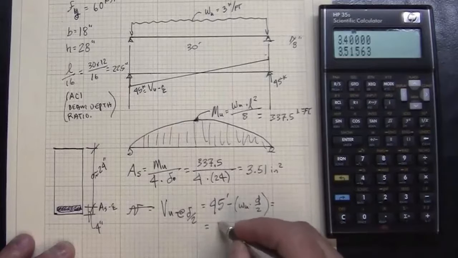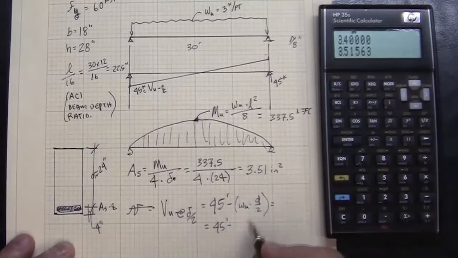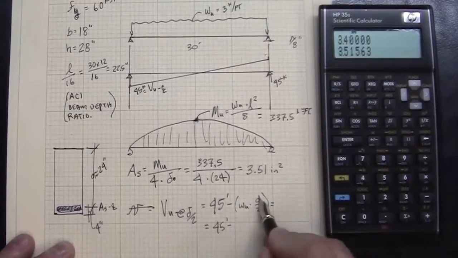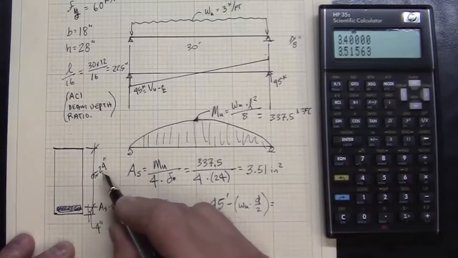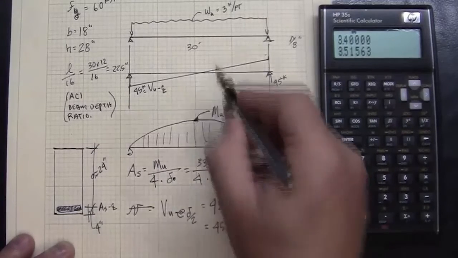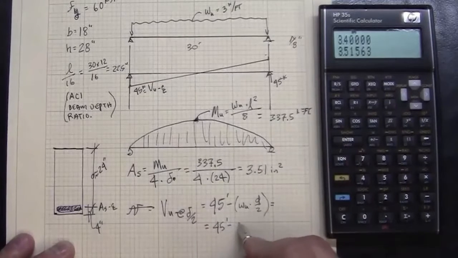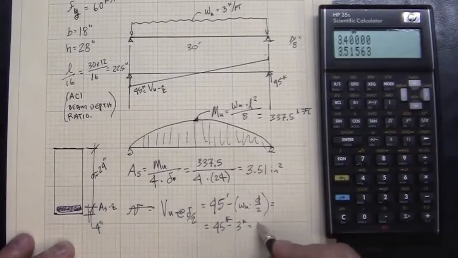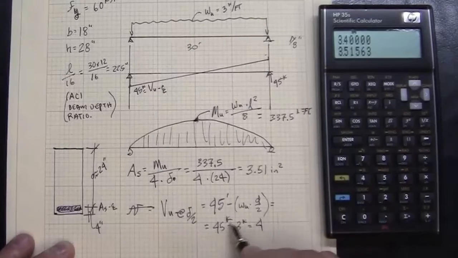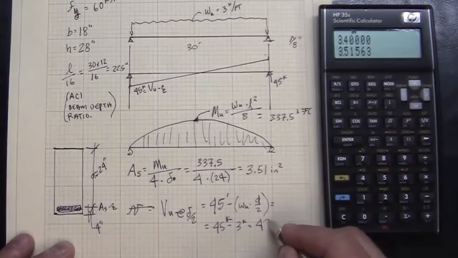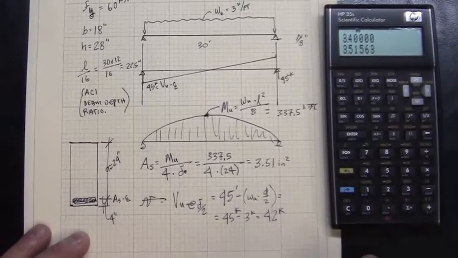And that would equal 45 kips minus, in this case, d is 24 inches divided by 2 is 1 foot. 1 foot times 3 kips per foot would simply be 3 kips. And so I'm really going to be dealing with an effective shear of 42 kips.